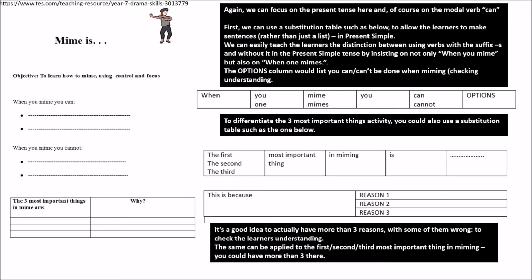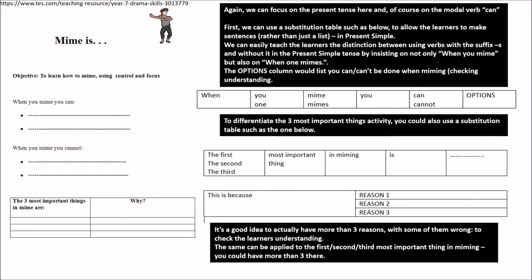This way, the substitution table will check the learner's grammatical knowledge, teach it to them, but also the drama understanding, as by the end of the sentence you will require specific information as to what can and cannot be done in drama.